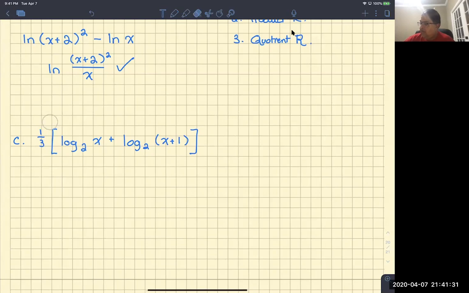What am I implying when I say 1/3 times, in brackets, all of this? Well, I mean that's 1/3 times log base 2 of x plus 1/3 times log base 2 of x plus 1. So I can distribute the 1/3.